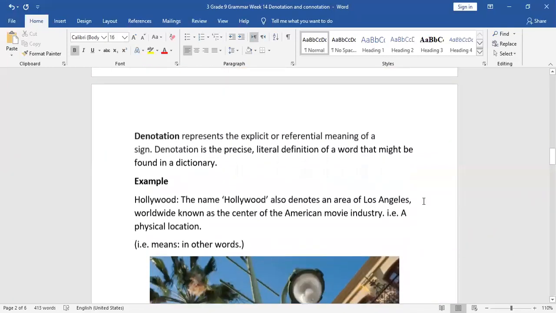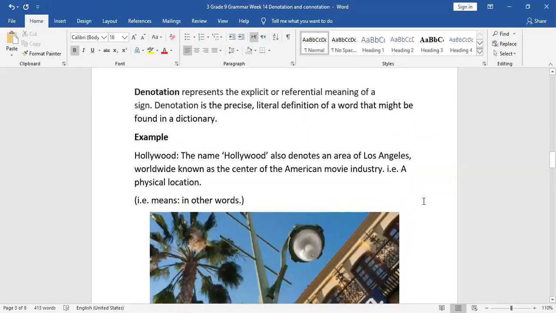Denotation, on the other hand, represents the explicit or referential meaning of a word or a sign or a phrase. In other words, it means the exact meaning of a word. So look at the word Hollywood, for example.